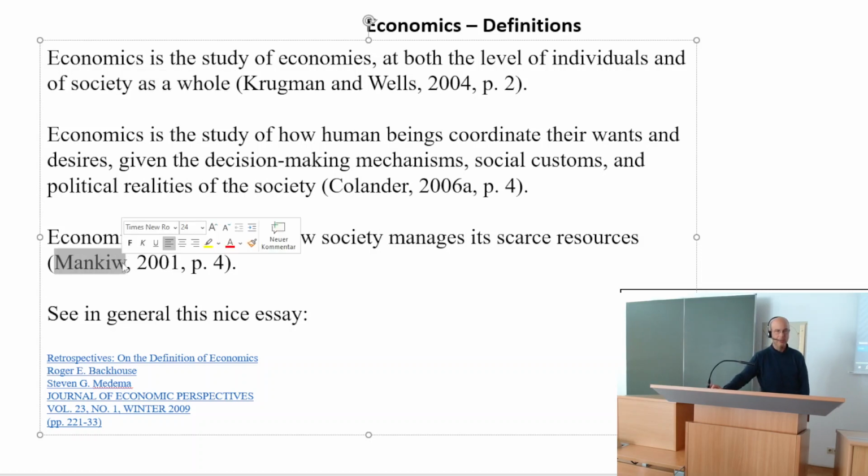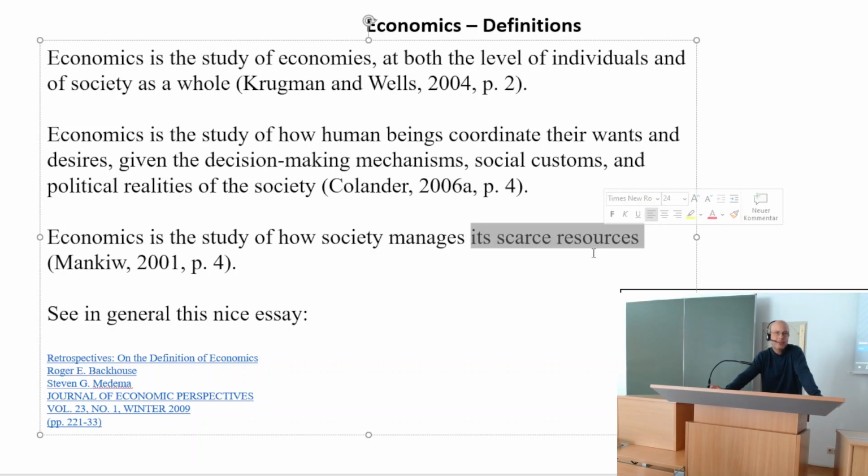Mankiw, I told you, this is maybe the most used introductory book in macroeconomics, or in economics in general. And he defines it: economics is the study of how society manages its scarce resources.